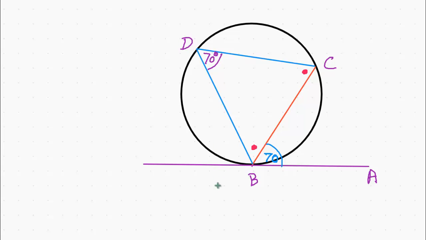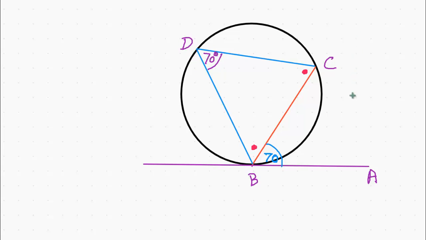So this is the alternate segment theorem, which says the angle between one chord and the tangent line will be equal to the angle in the alternate segment, which is over here at D.